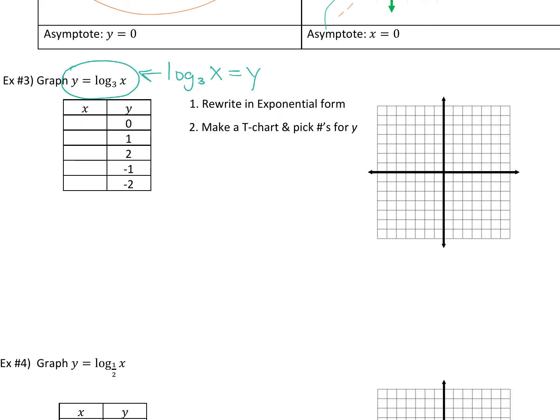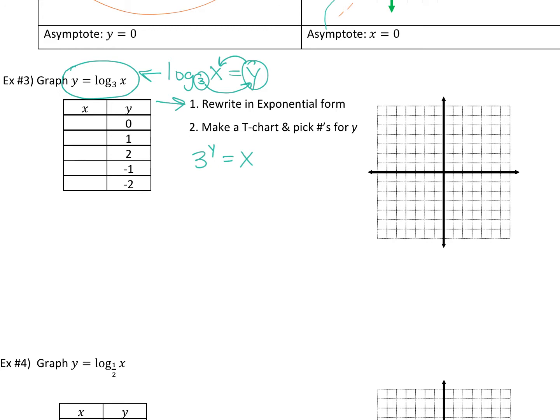The y power, right? It's this to this power equals that. It's 3 to the y power equals x. So that's the exponential form of that logarithmic form. We just rearranged it. So that's the first thing you're going to do, rewrite your log in exponential form.